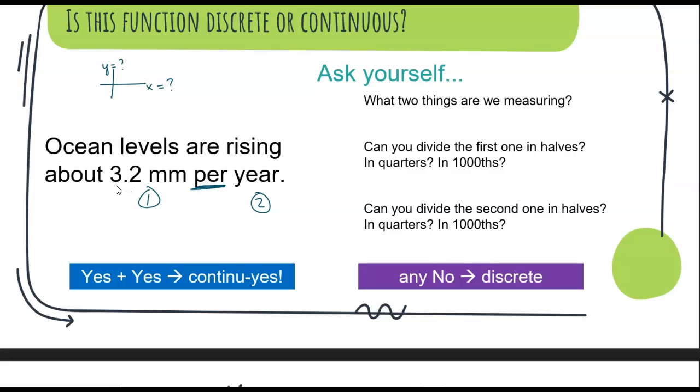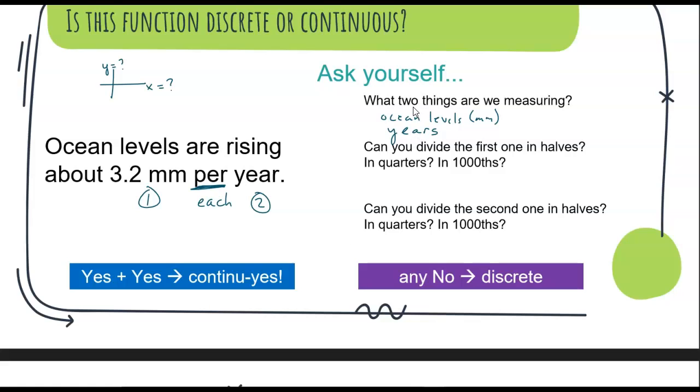So 3.2 millimeters, that's measuring ocean levels. That's one of the things we're measuring. Ocean levels, and that's going to be in millimeters. And the second thing we're measuring is years. So again, those are the two things that are on each side of the per, or you might see this as each.